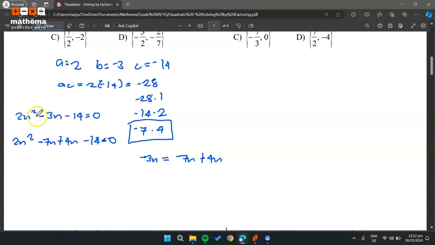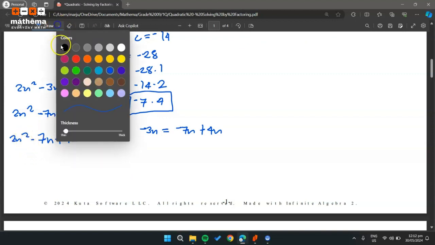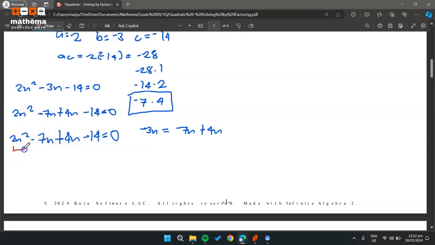And then we are just going to group together: 2n squared minus 7n, plus 4n minus 14 equals 0. Then we factor things out. What is common between these two terms? n is common, right?